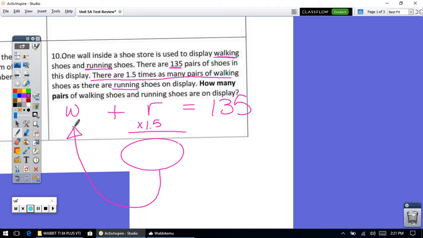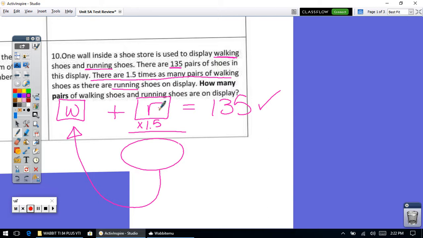So we have to figure out what number can we plug in here, multiply it times 1.5, and take that number and plug it in for W. But when we add them together, we get 135. Well, you could write a system and solve for it, but in this case, I'm just going to show you a little guess and check method. We're going to take the number 54 here, and we're going to plug it in for running.